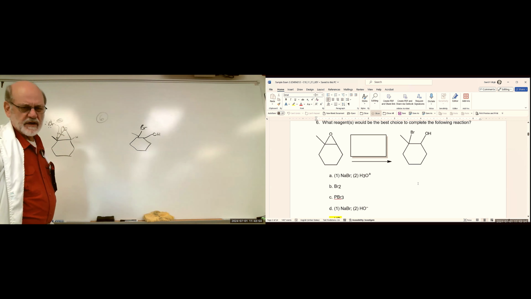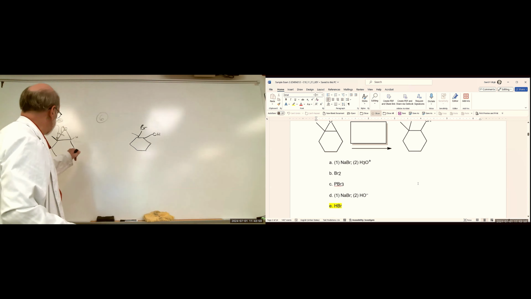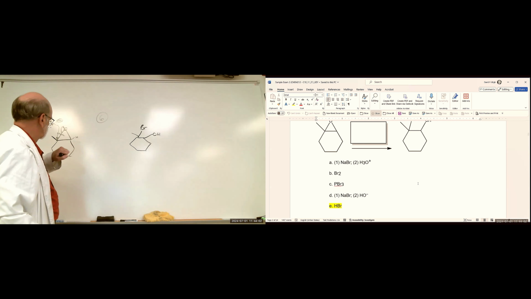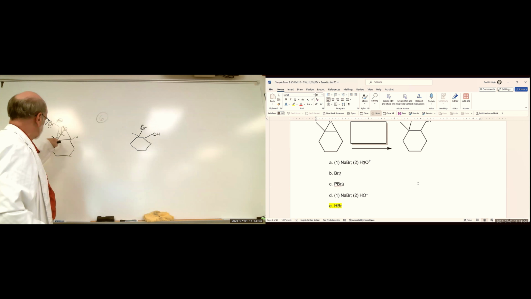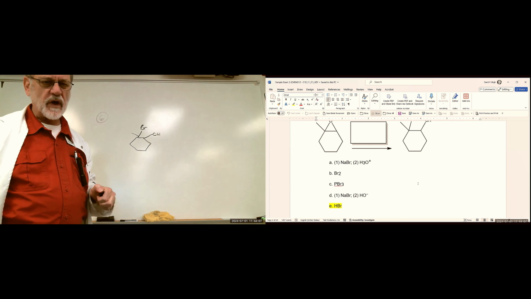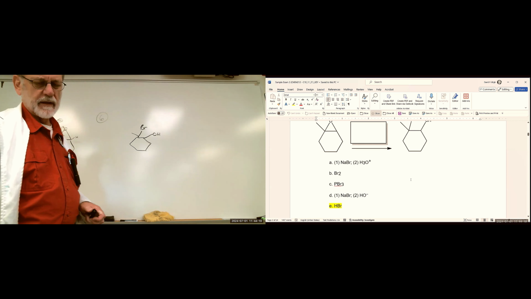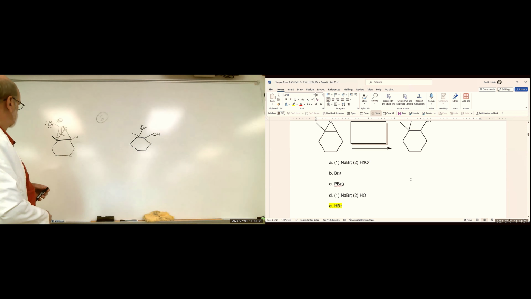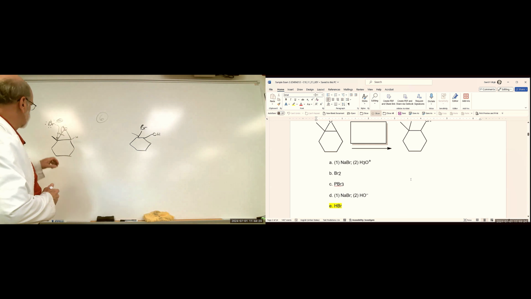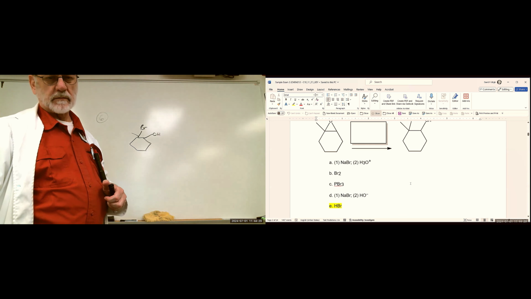Well, I'm at C. I think C would attack this side, and the bromide would attack the more substituted one. We saw that earlier, I think, with the difference between using hydrobromic acid versus PBr3. Because HBr is going to give us the bromide ion. So it's E. Yeah, I think E would work.